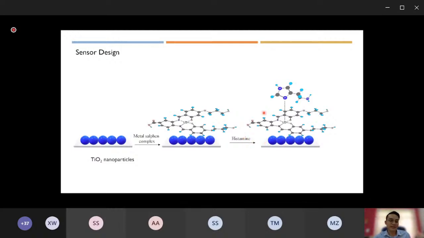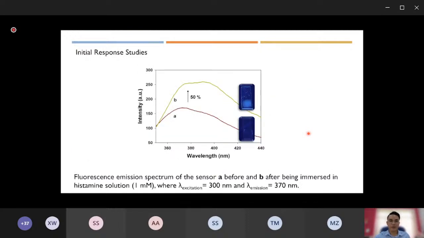Okay, so we just dip our sensor, the electrode, into the histamine solution. The first thing is we have to undergo initial response studies. We are using fluorescence spectroscopy. We want to make sure, is there any fluorescent response before and after we expose it to histamine in a solid-state sensor? As you can see here, in region A, we monitor at an emission wavelength around 370 nanometers.